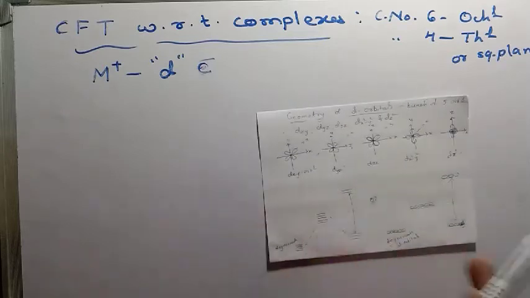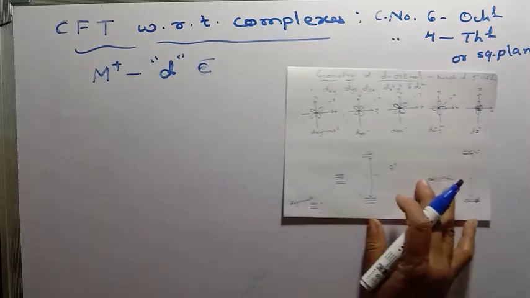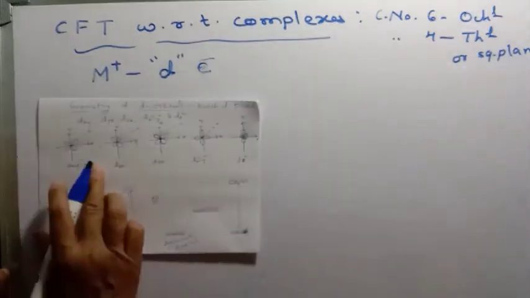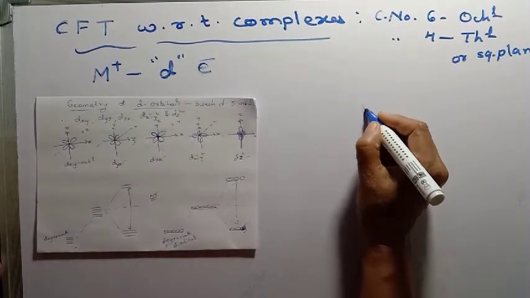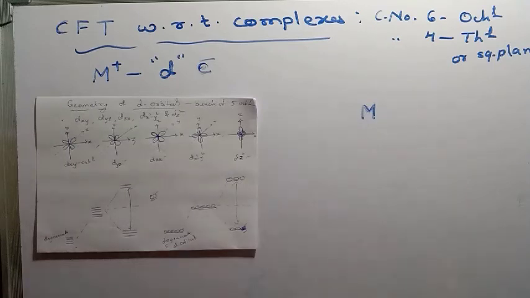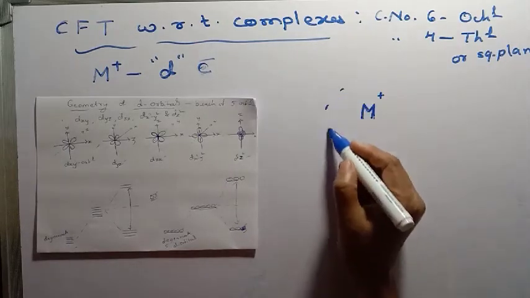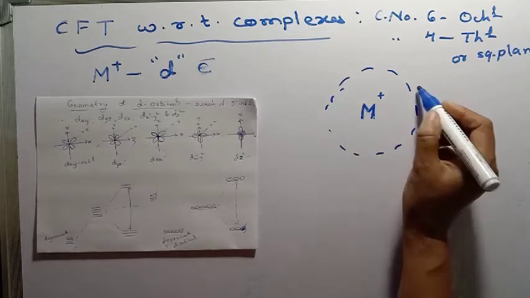Now the 5 d orbitals, according to the postulates, the metal ion is surrounded by a definite number of ligands.